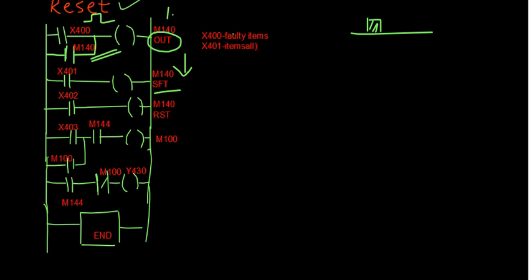So when the first item comes, both X400 as well as X401 will get activated. When the second pulse comes, your photo sensor is designed in such a way that only X401 is activated.